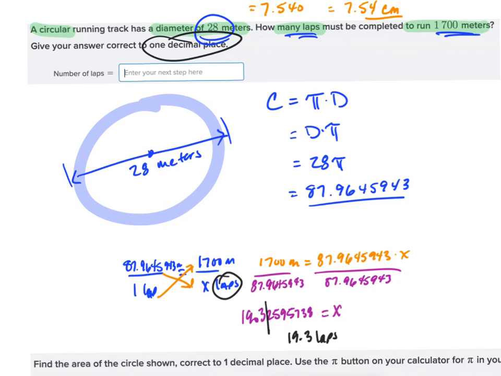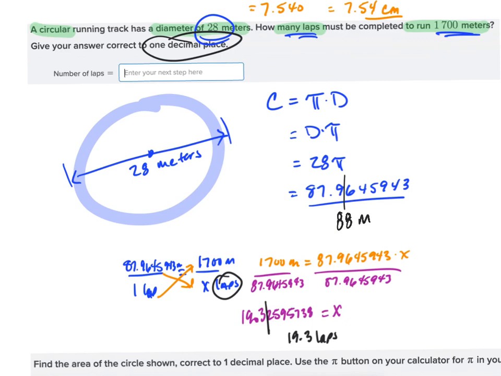Okay, so some of you might have said, well, I wanted to round my answer for the circumference to the nearest whole number. Well, the fact is, this would round to 88 meters.